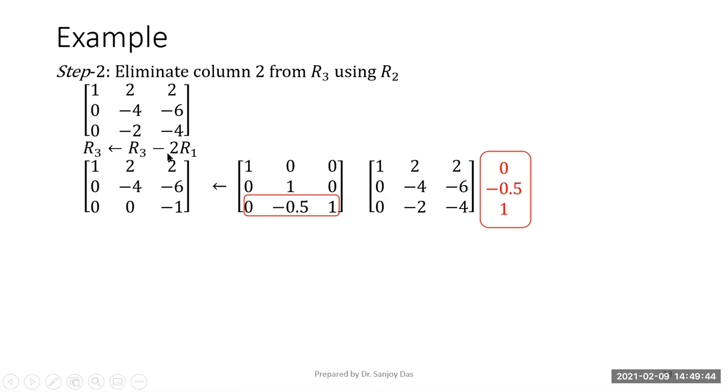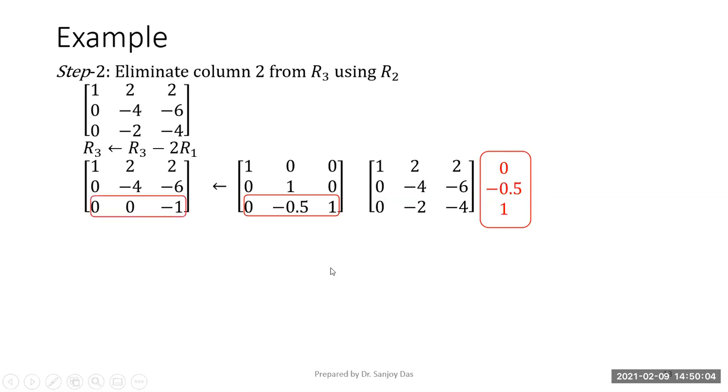So that's R3 minus 0.5 of R2. Note the typo here. Okay, and that is what we are doing, and we are getting 0, 0, negative. Again, this is a lower triangular matrix. The upper triangular elements are 0.